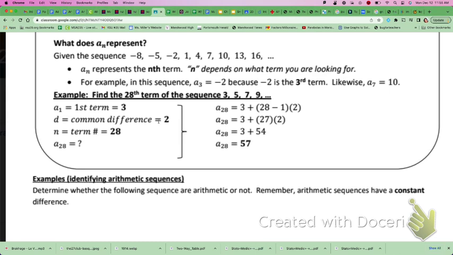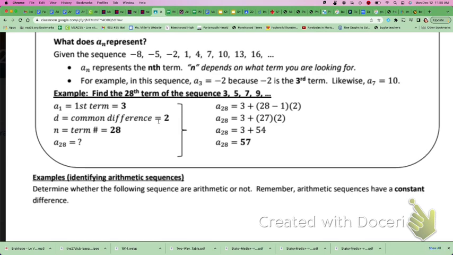So if I wanted to find the 28th term of the sequence, then I'm going to find A with a subscript of 28 is equal to my first term, which is 3, plus 28 minus 1 times 2. And then you'll be able to solve it out to get to 57. Okay? Wow.